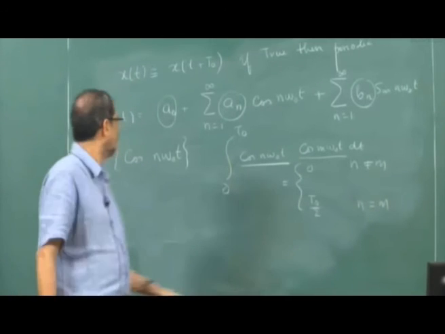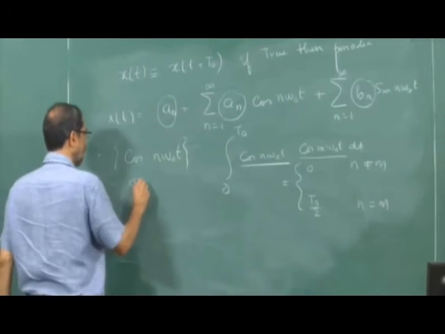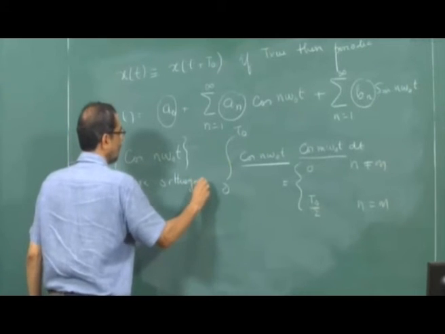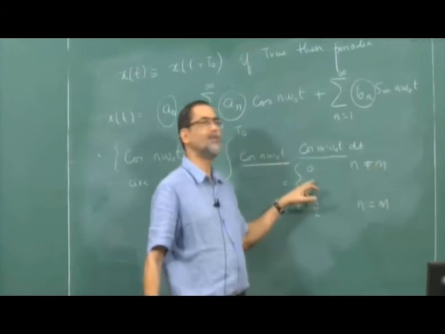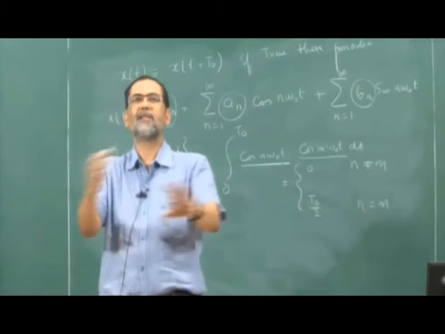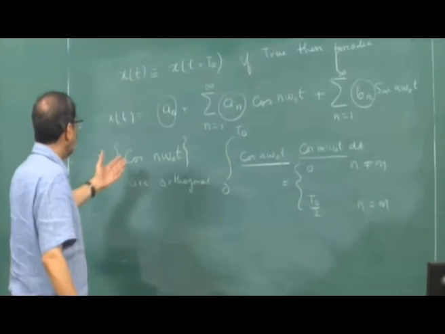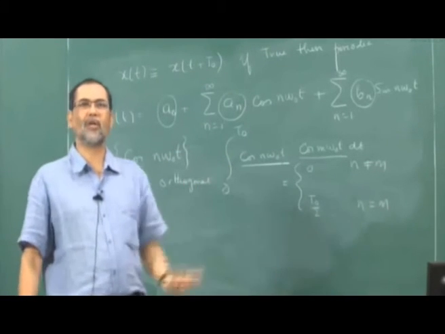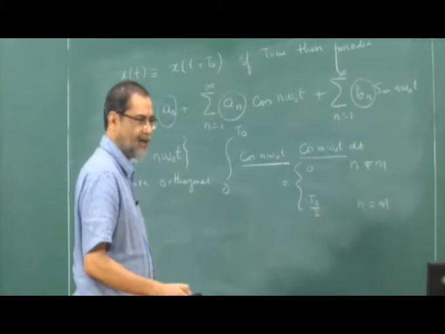The set of functions cosine n omega naught t are orthogonal because when n and m are different, they integrate to 0. Whenever two signals integrate to 0, we say those two signals are orthogonal to each other. So cosine n omega naught t and cosine m omega naught t are orthogonal to each other. That is the second idea.